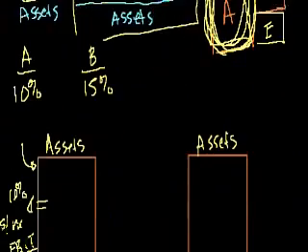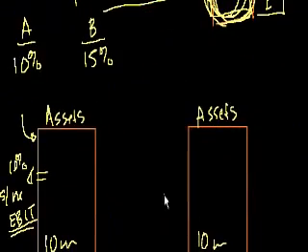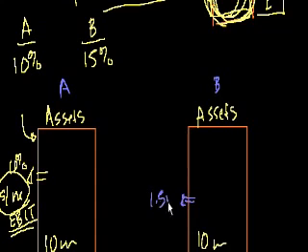For most functional purposes, unless you're talking about a financial firm, most firms that aren't doing anything too fancy on the non-operating side of their balance sheet, EBIT and operating profit are pretty close to each other. But anyway, in this case, this guy is generating $1 million of EBIT. Let me label these: company A, and this is company B. Company B is getting a 15% EBIT return on its assets, so it's generating 1.5 million in EBIT per year.